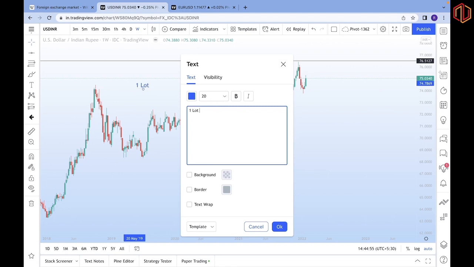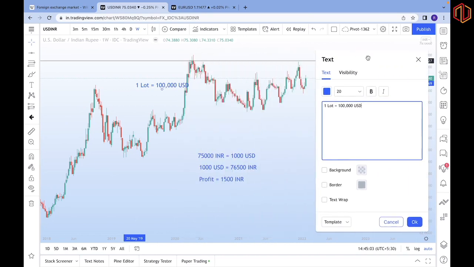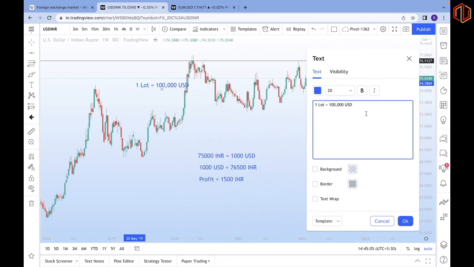As per calculation, the value of one lot size is always equal to 100,000 USD, which means one lot is always 100,000 US dollars. That means in our case, when we were buying 75,000 INR worth of currency, we got $1,000, we would have ideally taken the trade with a value of 75 lakh rupees, right?